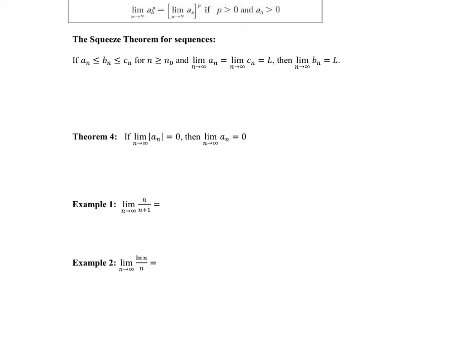If a sub n is less than or equal to b sub n, which is less than or equal to c sub n, for n greater than or equal to n sub 0, which just means our first available value for n, and the limit as n approaches infinity of a sub n equals that of c sub n and they equal L, then that forces b sub n to also equal L as n approaches infinity.